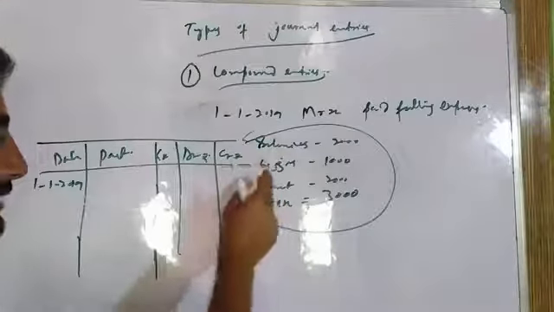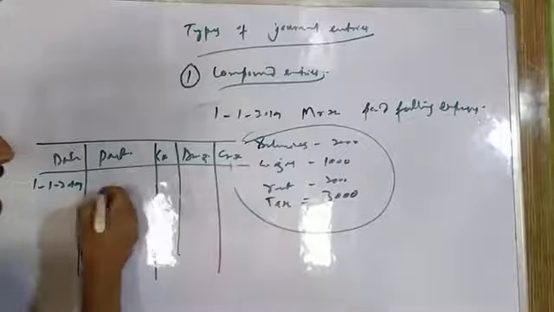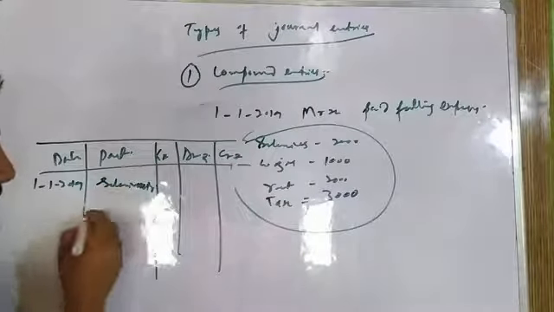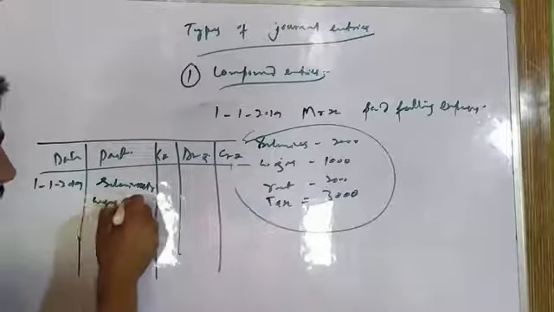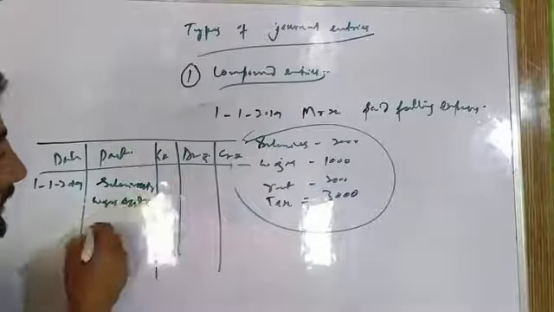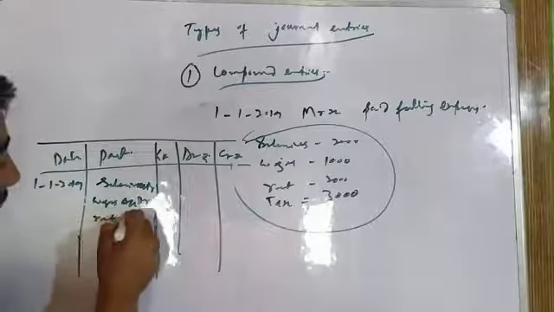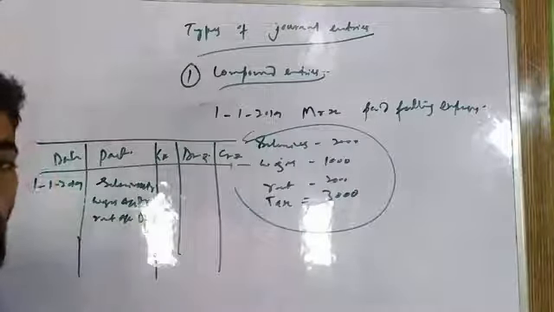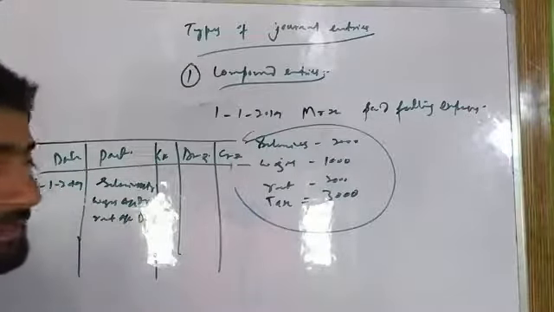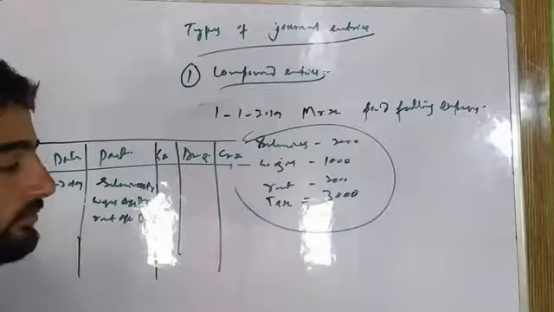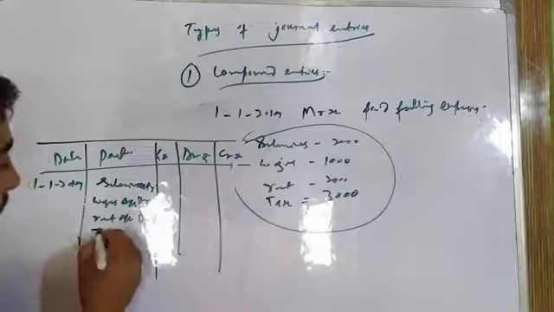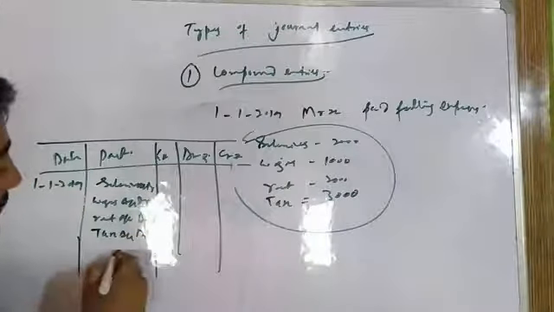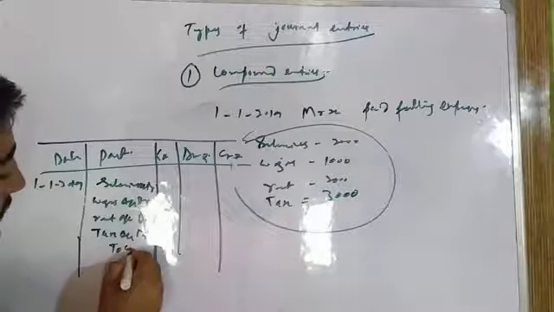Losses and expenses are given debit, so we will give debit to salaries account, debit wages account, debit rent account, because all these accounts are expenses accounts and fall under the category of nominal accounts. So we will give debit, tax account debit, and we will give credit to cash account.